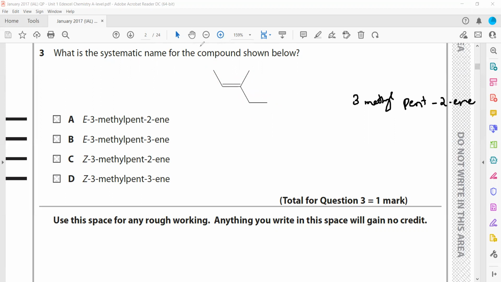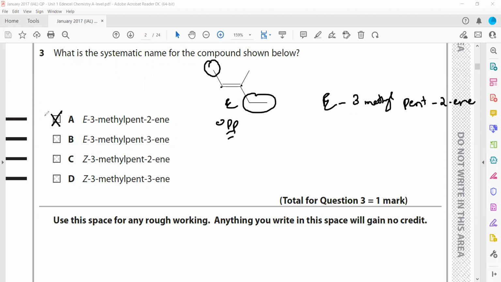When the heavy groups are on the opposite side, it will be trans, or we can say E. These are the two carbons which have a double bond. This is a heavy group, with more mass. So the heavy groups are on the opposite side, so it should be E. That's why we say it is E-3-methylpent-2-ene. So A is the right answer.